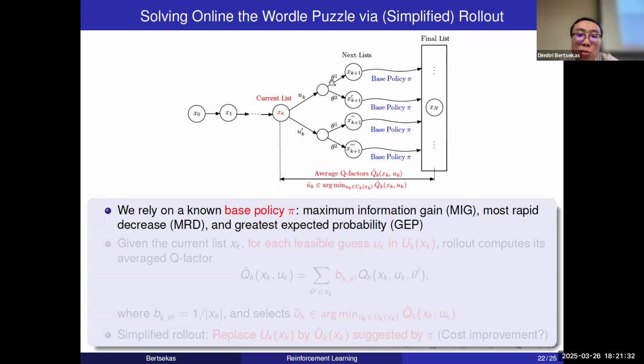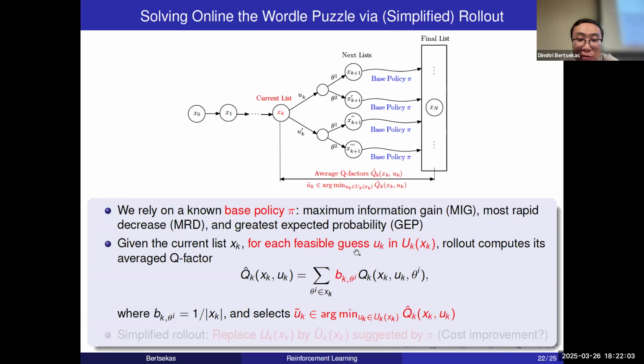And suppose the mystery word is theta 1, you run the base policy and see how many steps it requires for this particular base policy to solve the problem, or even not solve the problem, and run all the way till n guesses, 6 guesses in the end. So you do the same thing for the second possible mystery word. Suppose the mystery word equals theta 2.